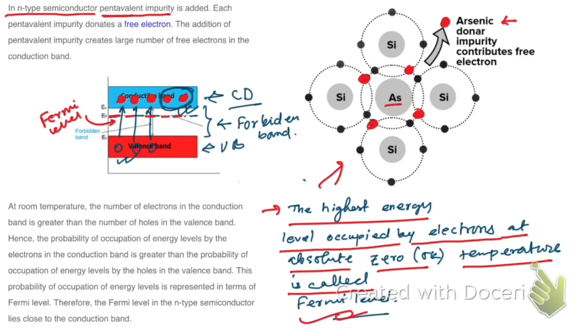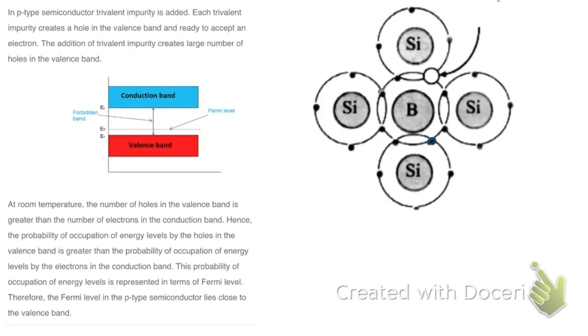Now let's discuss the p-type semiconductors. In p-type semiconductors, we add a trivalent impurity like boron. This is boron. As it is trivalent, it has 3 electrons in its outermost shell, so it shares 3 electrons with 3 silicon atoms.